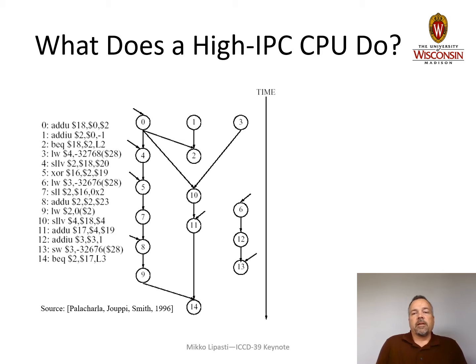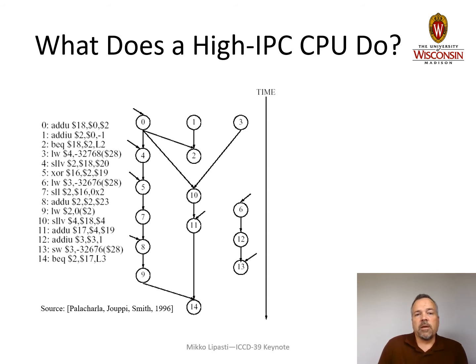So what is it that a CPU that tries to extract instruction level parallelism has to do? Well, this slide should hopefully capture what needs to happen. What's shown here is a snippet of assembly code with a bunch of instructions that read and write registers and load from memory and implement branches. The program's data dependencies can be captured using what's known as a data dependence graph, which is shown in the middle here.